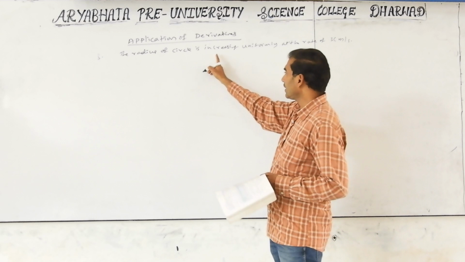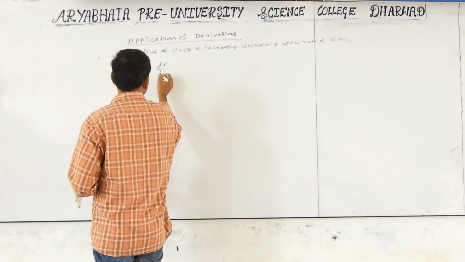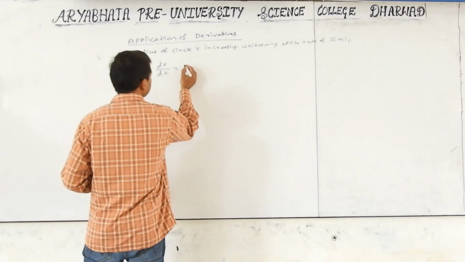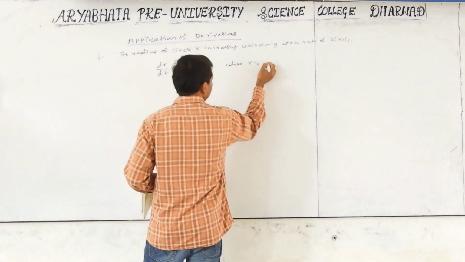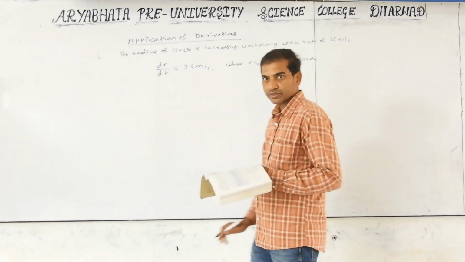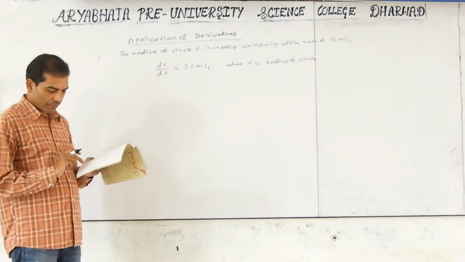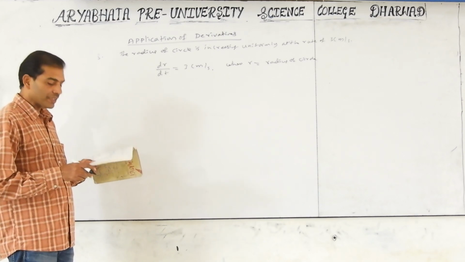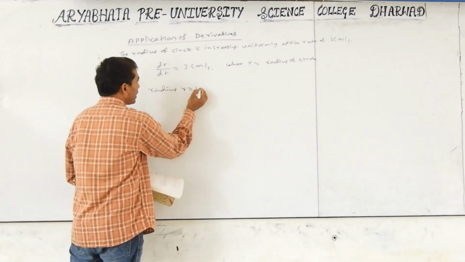The radius of the circle is increasing uniformly at the rate of means dr by dt, where r is the radius of the circle. dr by dt is how much? 3 centimeter per second. You can see the question in the textbook; I am going to explain directly. Find the rate at which the area of the circle is increasing when the radius is 10 centimeters. Radius r equal to 10 centimeter.